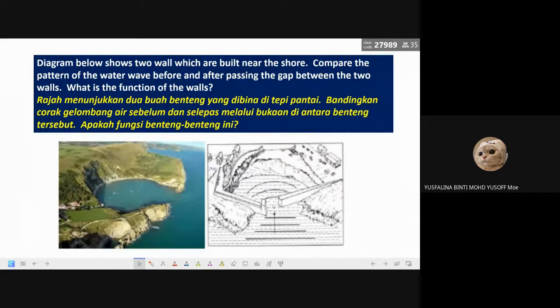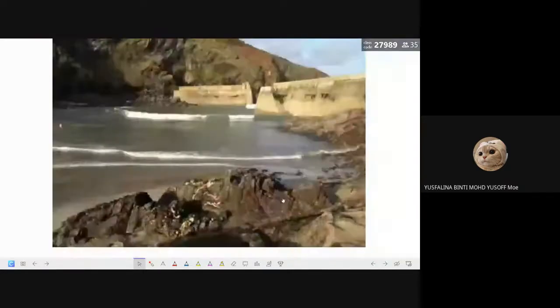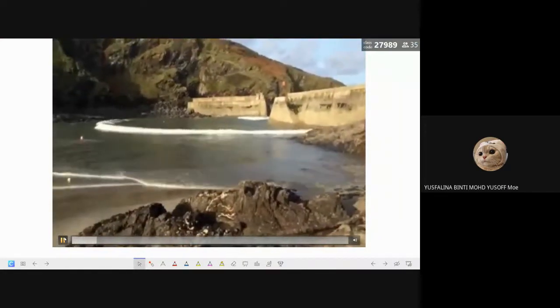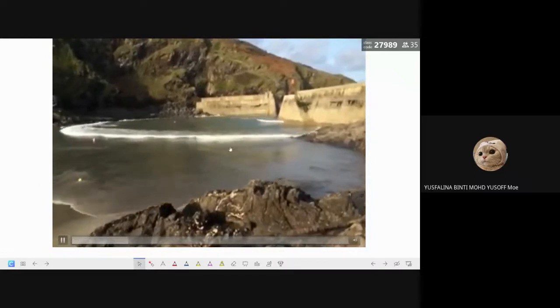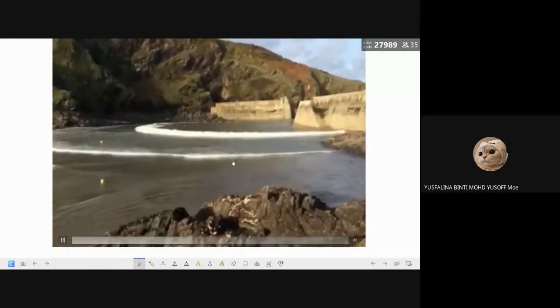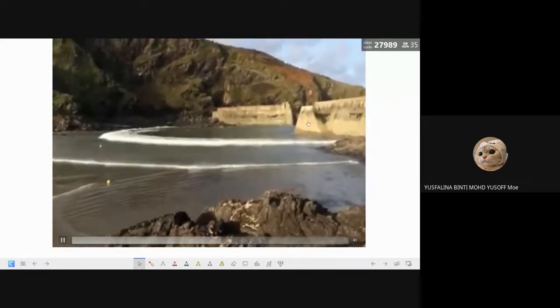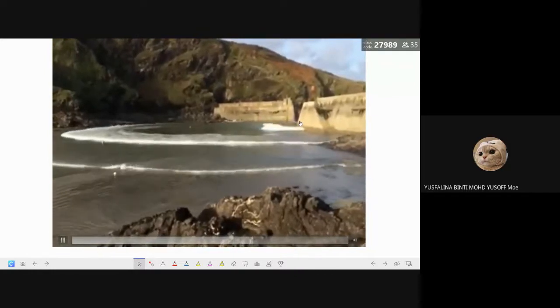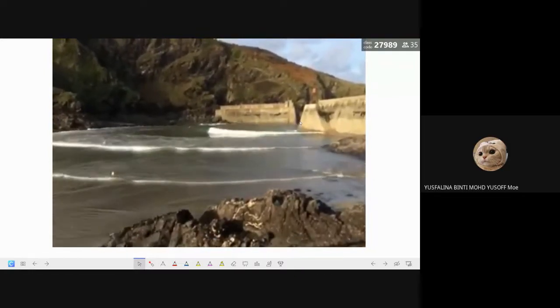When it passed through the slit, the gap here, it will produce a semicircular wave. So let's see the video. You can see it's formed like a semicircular wave here. So this is actually the diffraction of wave.